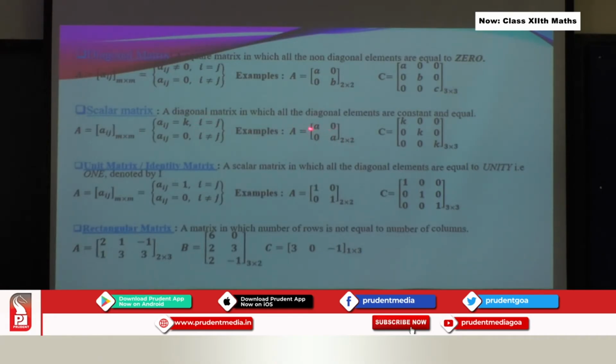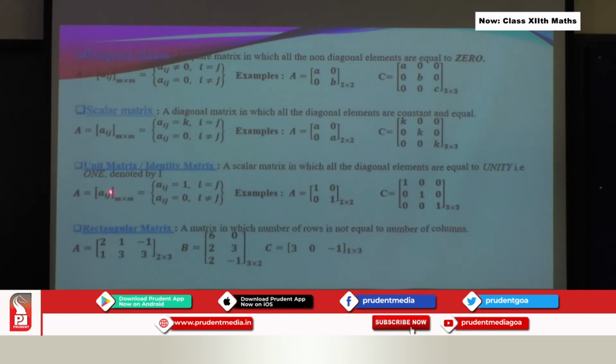It is your diagonal matrix. Here you can see diagonal elements A11 and A22. Now over here when you look at this matrix of order 3, again along the principal diagonal all the entries are the same and non-diagonal entries are 0, and that's why it is called a scalar matrix.